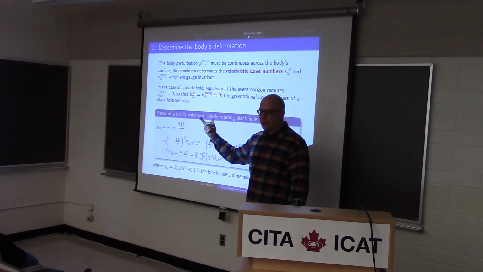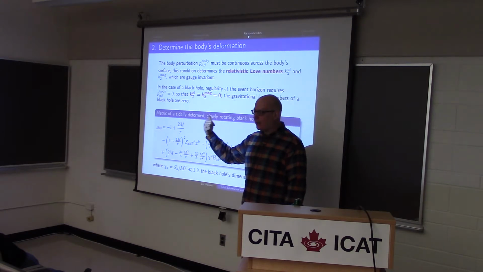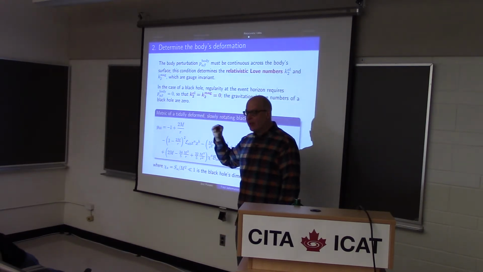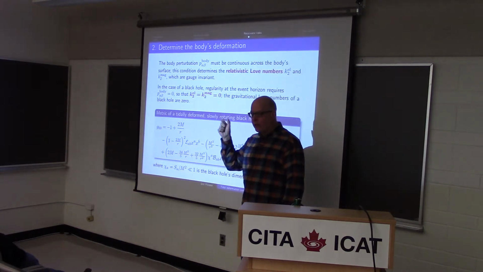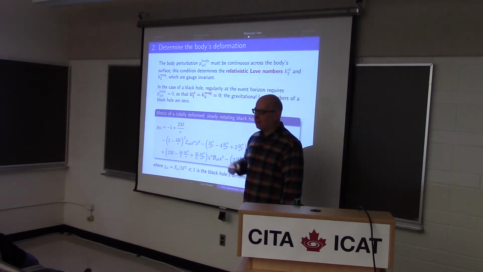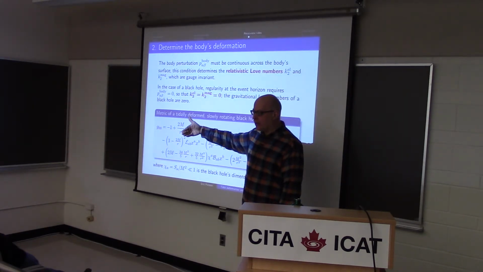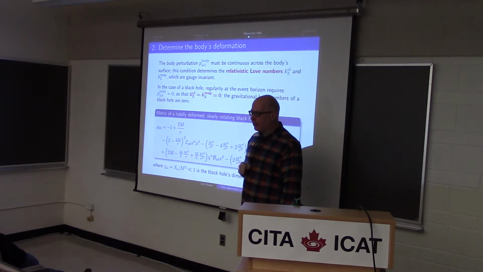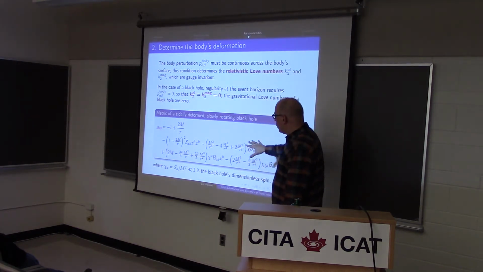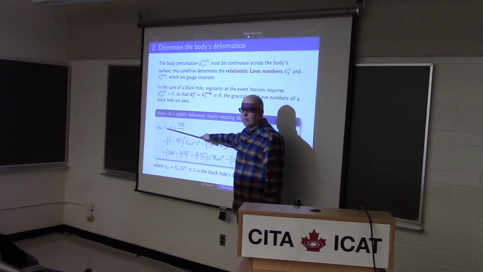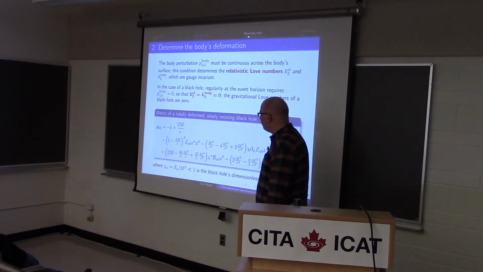And then, because I was curious about the coupling between the two, I let the rotational perturbation and the tidal perturbation couple together. And I solve for that by going to second order in perturbation theory. I don't do second order in rotation, I don't do second order in tides, but I do second order in the coupling between the two. You don't see the pure rotational term here because it would show up in the space-time components of the metric.